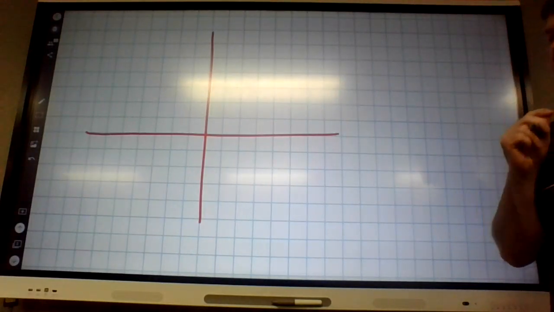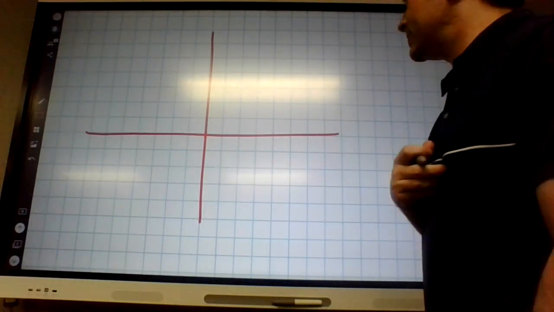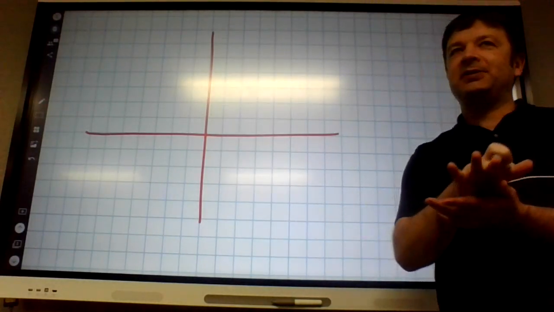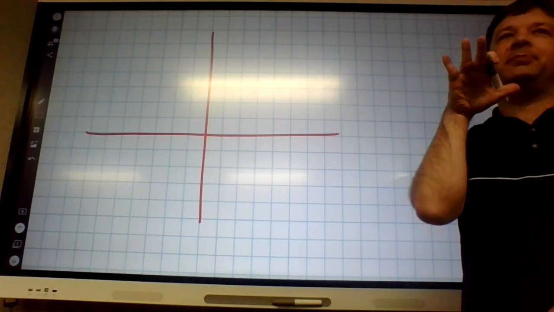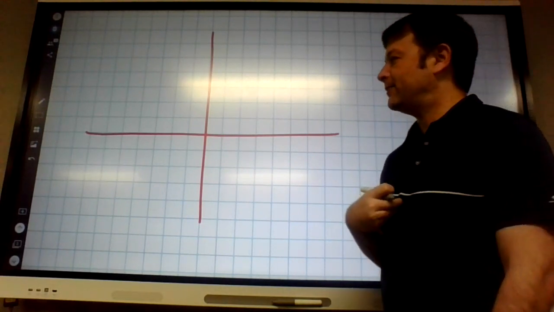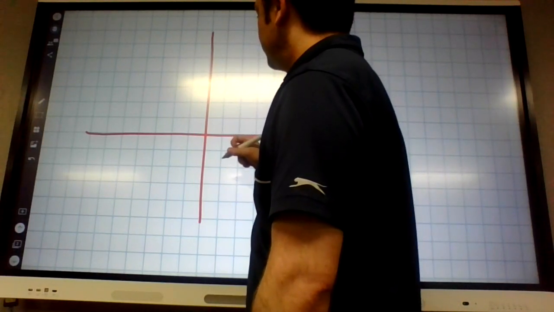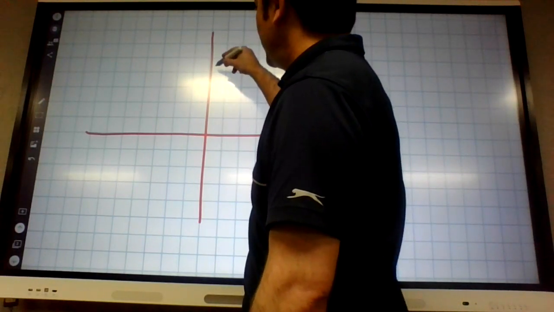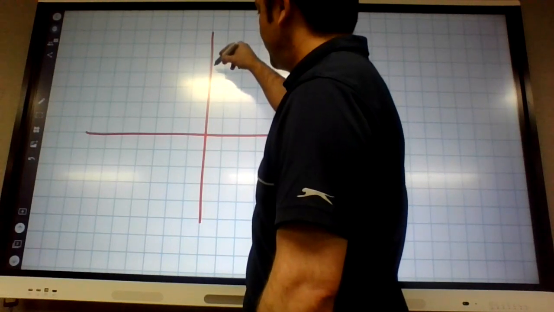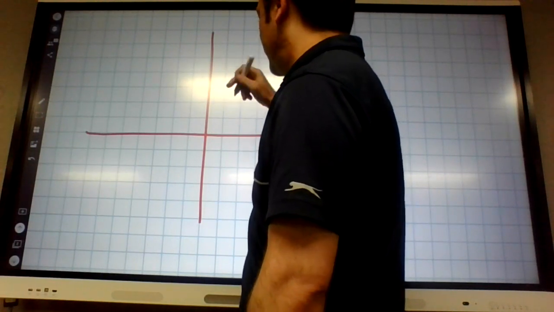So when we go to graph this, the biggest sine can be is 1 and the lowest it can be is -1. So we might want to put our 1 a little bit higher, maybe 2 up or 4 up.